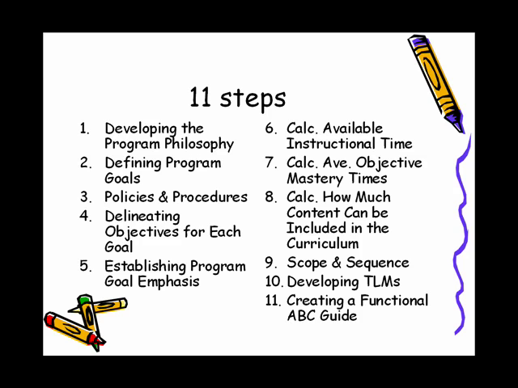There's also in this step developing yearly teaching and learning maps and developing block teaching and learning maps. That's pretty involved, so I don't think we can get that done. That's why I say it's an optional assignment. I don't really know if we have enough time to do that. And step 11 is actually creating a functional ABC guide. In our class, that will be your curriculum development project.